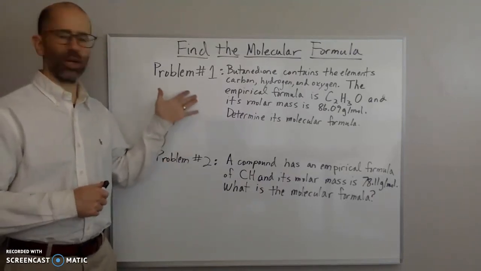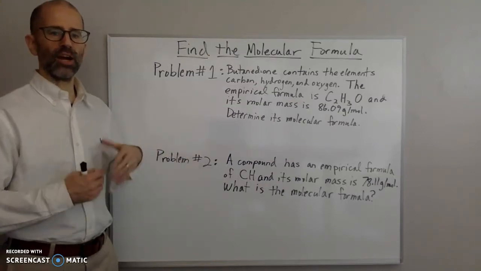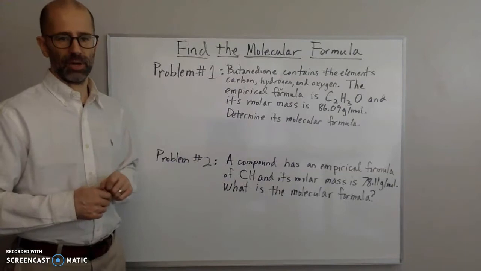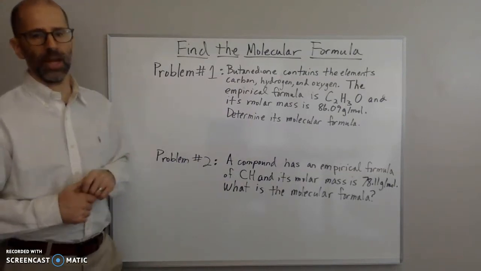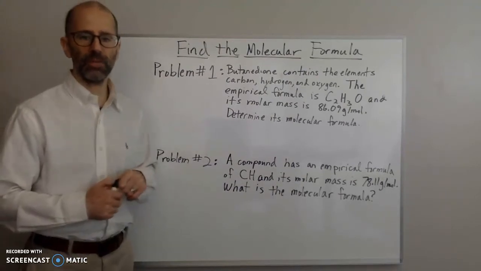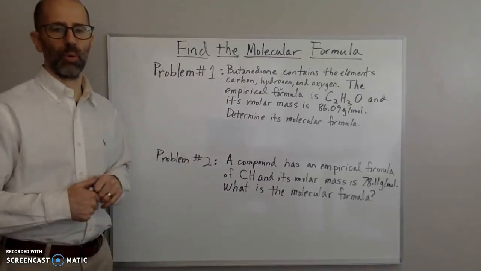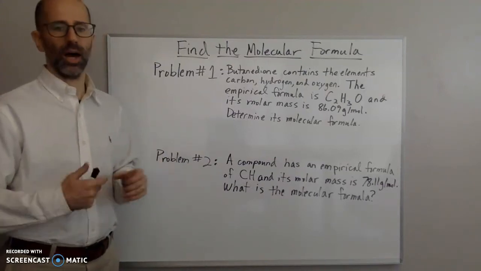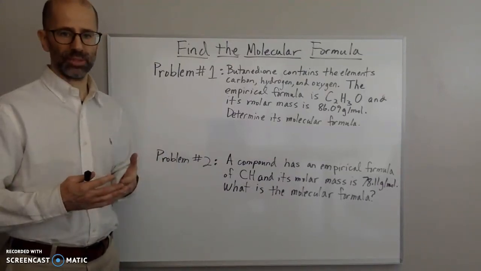So in this one, I'm going to go over two examples where you are given the empirical formula and you need to find the molecular formula. Now, the one thing you need in order to find the molecular formula is you need to be given the molar mass or some way to calculate the molar mass of the actual substance itself.